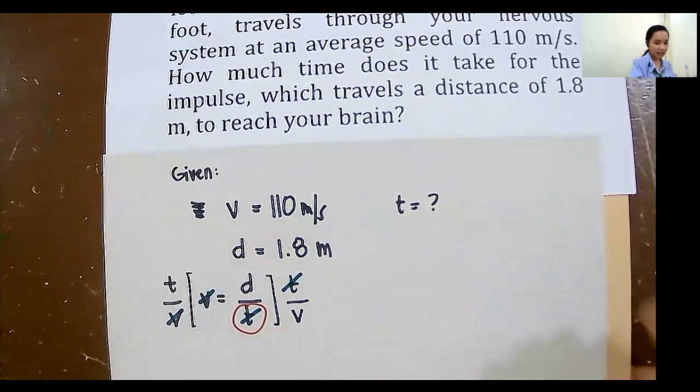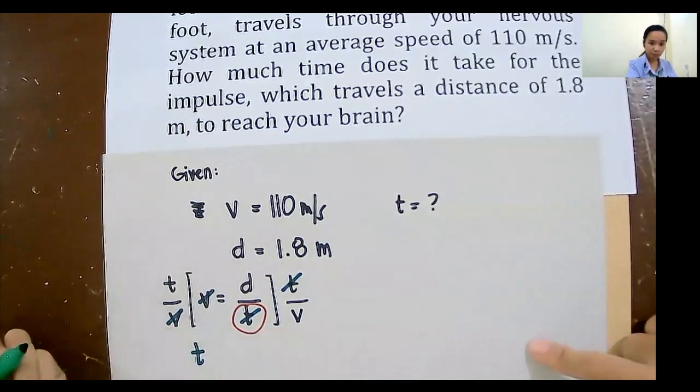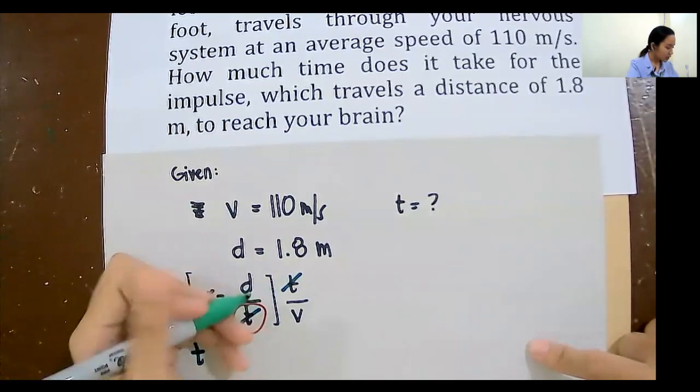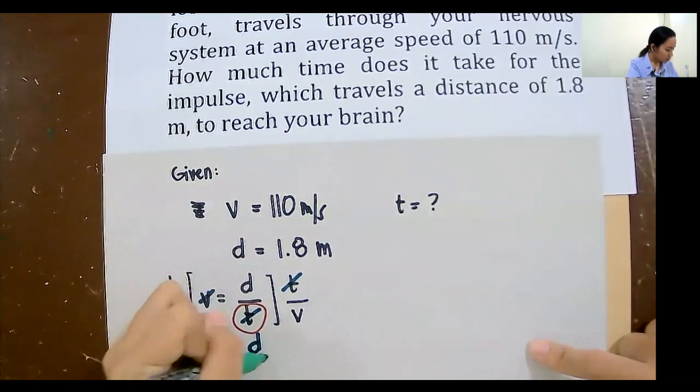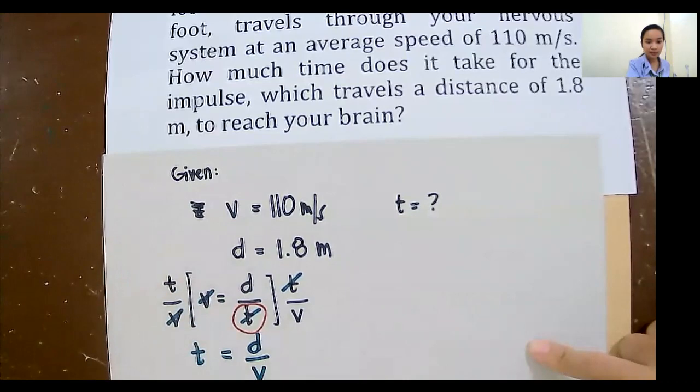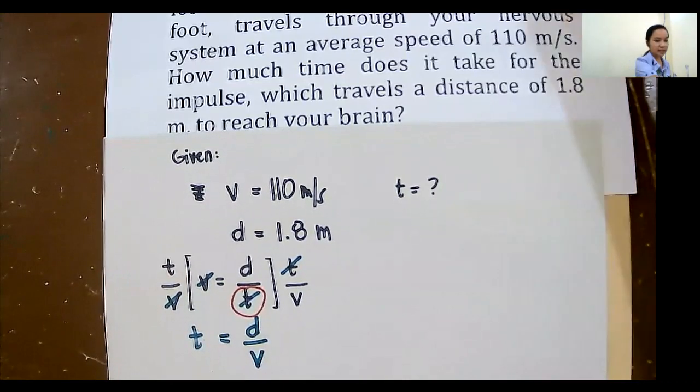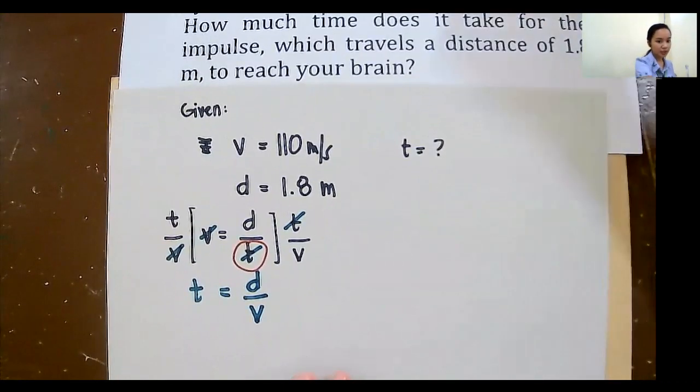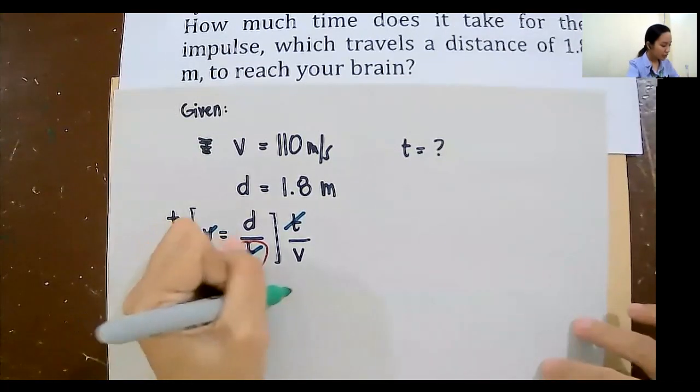So on the left side, we are left with just T, or time. And on the right side, we will be left with your distance over your speed. So that is now your formula to look for the time.